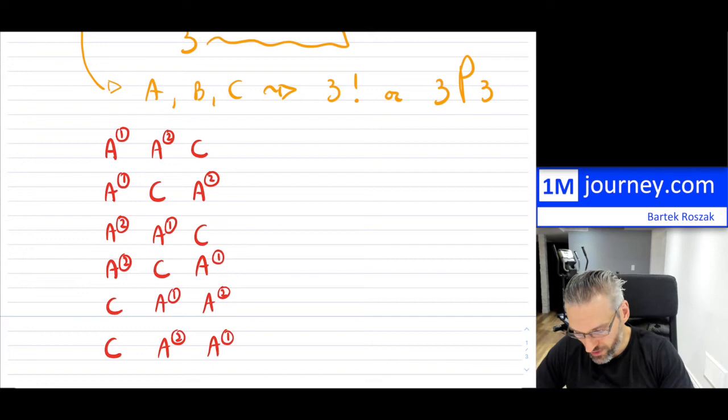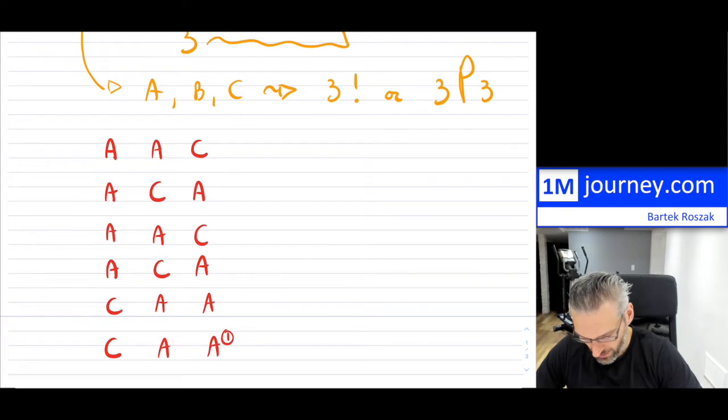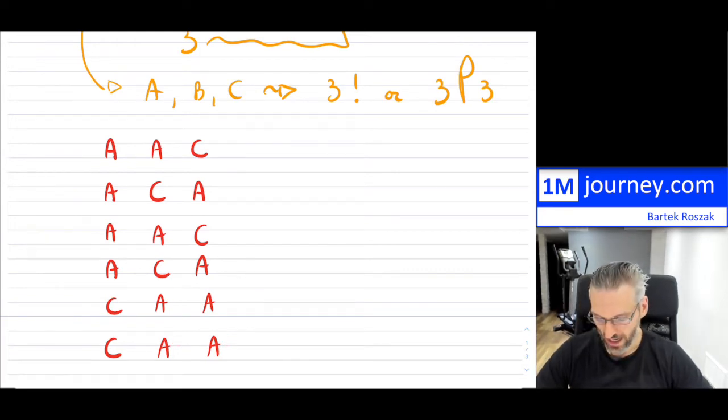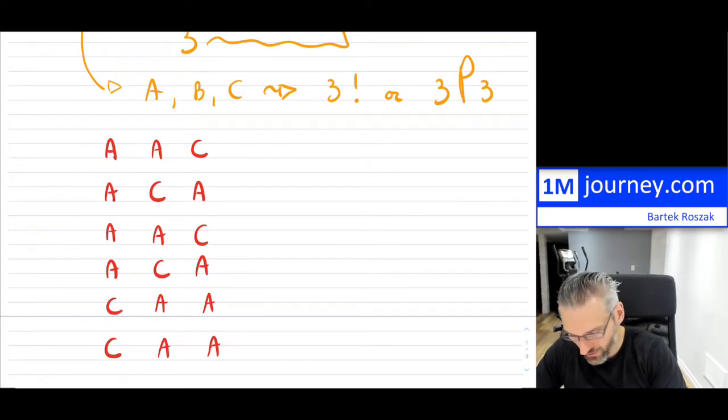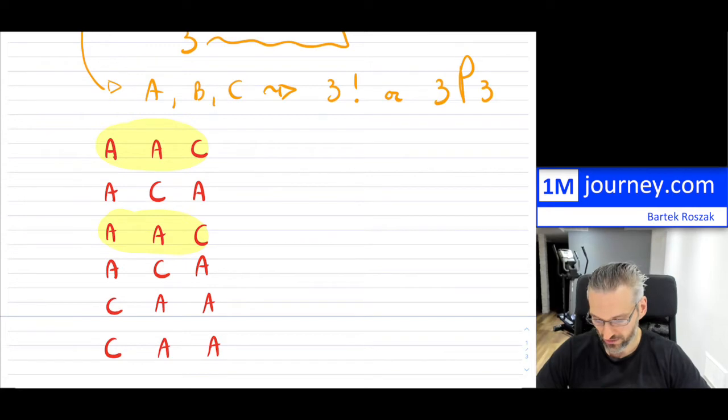But if I remove the labels, and I don't know that there's a difference between the ones that are repeating, then all of a sudden, I can see that I do have repetitions here. So notice AAC, AAC again here. So that's one of them that repeated.